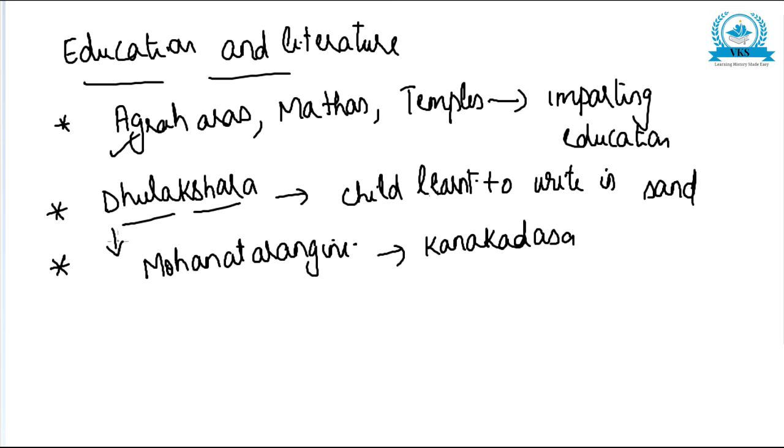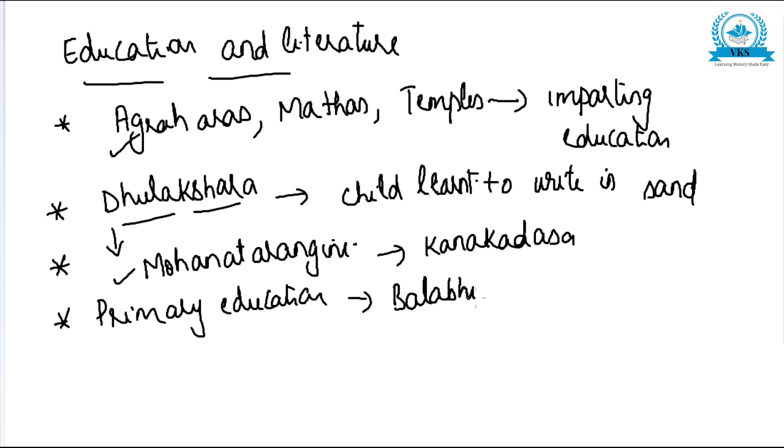Dhulakshara was a system in which a child learned to write in sand, and this is referred to in Mohana Tarangini of Kanakadasa. Now the primary education during this time was called Bala Bodhe.